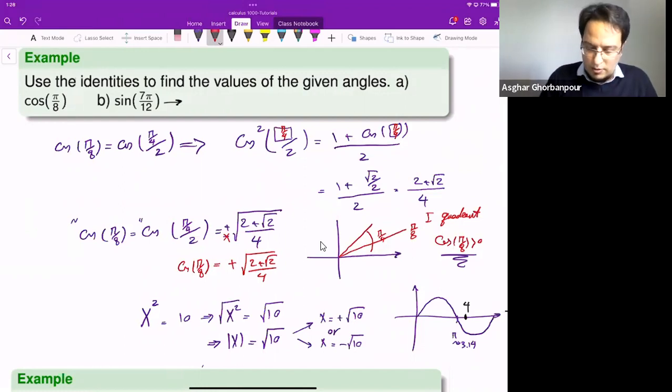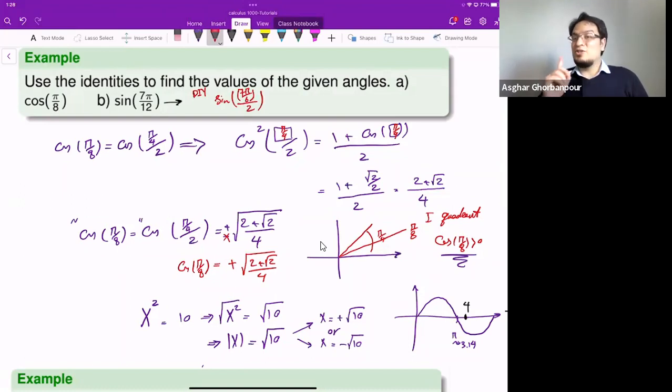I know you are all tired, but let me just write this one. Seven pi over 6 itself is not a special angle, but I can turn it into one of those special angles.